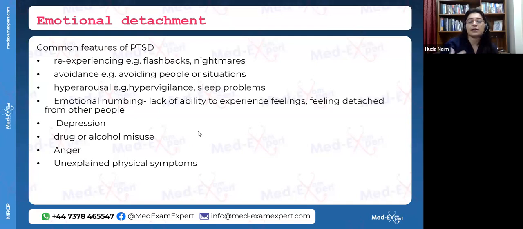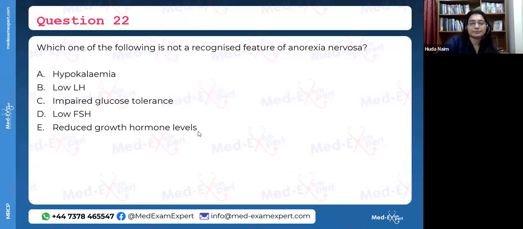They have flashbacks, they have nightmares, and they have hyperarousal. That means they're very hypervigilant. If there's a noise or a sound around them, they get very hypervigilant. They cannot sleep properly, and they're very detached and very depressed. Okay. I think this was also in the exam this time.